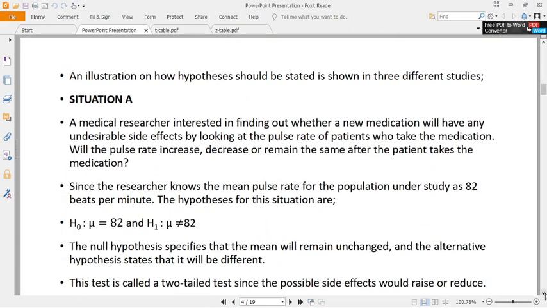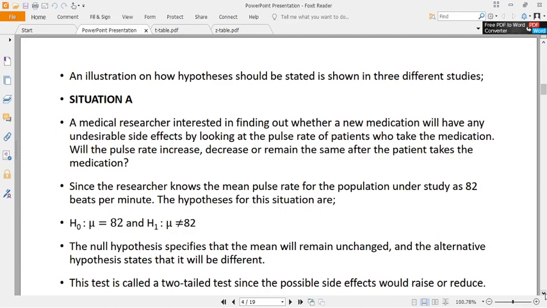We state our null and alternative hypotheses based on the scenario of the research or the nature of the research question. For example, in situation A, a medical researcher is interested in finding out whether a new medication will have any undesirable side effects by looking at the pulse rate of patients who take the medication.